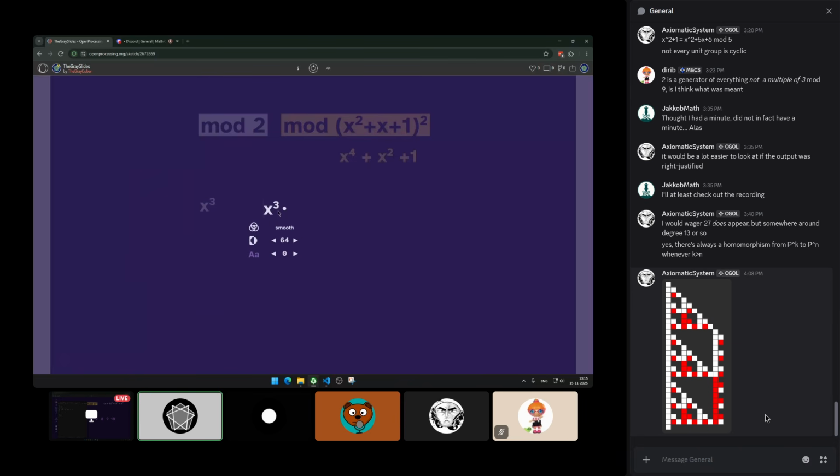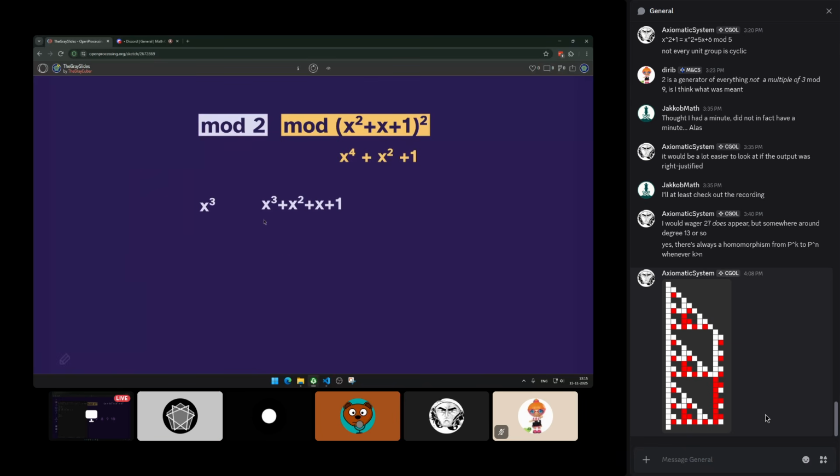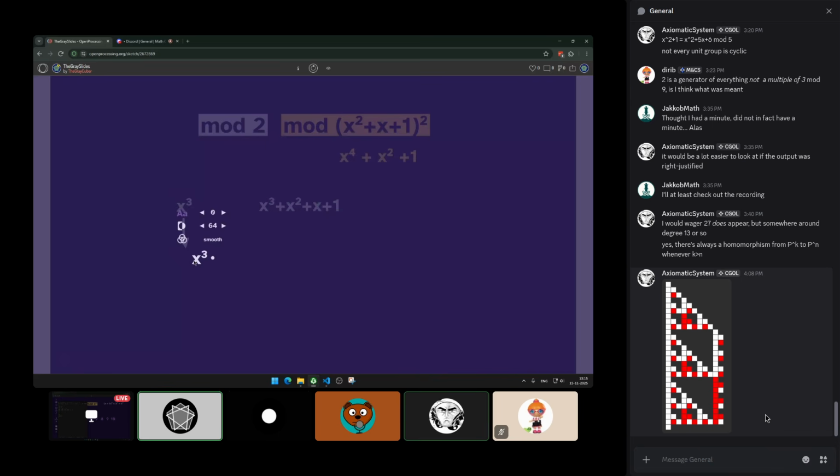I believe x squared plus x plus 1. Wait, sorry, mechanically, how does x... You're saying if I square x cubed under that modulus, you just get 1. Oh, yeah. Sorry, yep. No, you don't get 1. Squaring x cubed, you get x squared plus 1. You get x to the 6th.